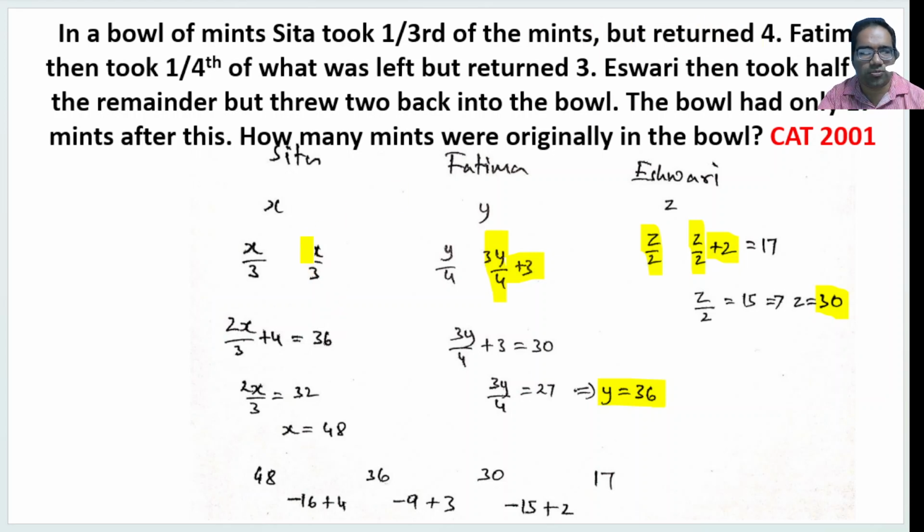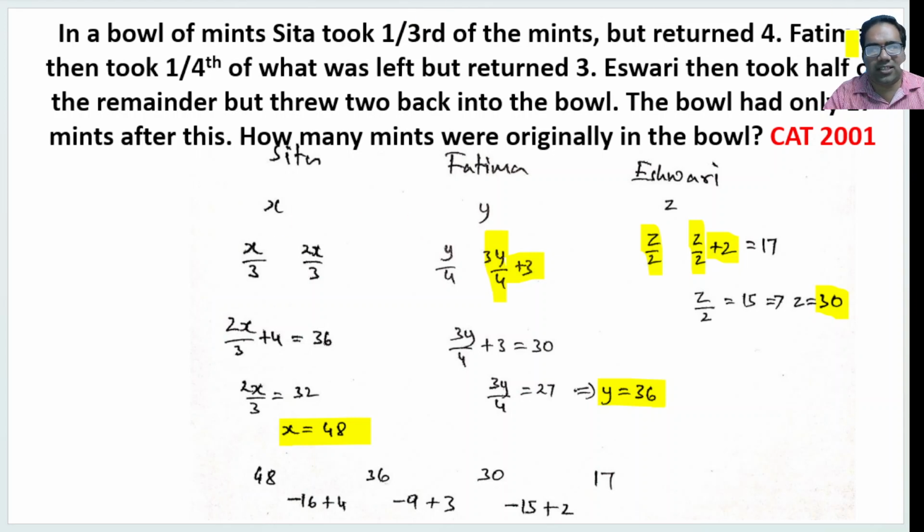That means two third of x plus 4 is what was there when she left. That should be equal to this 36, this y. When Sita left is when Fatima began. So two third of x plus 4 should be equal to 36. That means two third of x is 36 minus 4, 32. 2 will go 16 times, x equals 3 into 16, which is 48. So at the beginning of Sita, there are 48 mints.